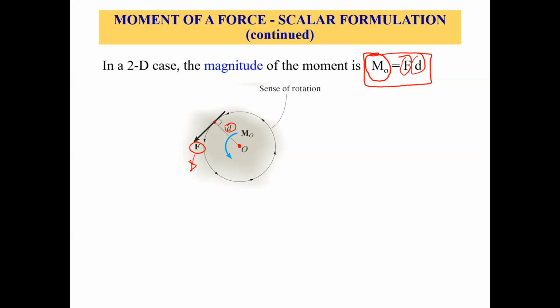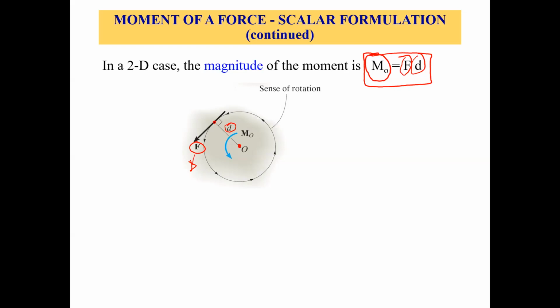But one thing we need to remember is that D is the perpendicular distance between these two points. So it cannot be any other distance. It has to be the perpendicular distance between the point of application of the force and the point of interest. So if not given, we need to find the perpendicular distance in order to find the moment.